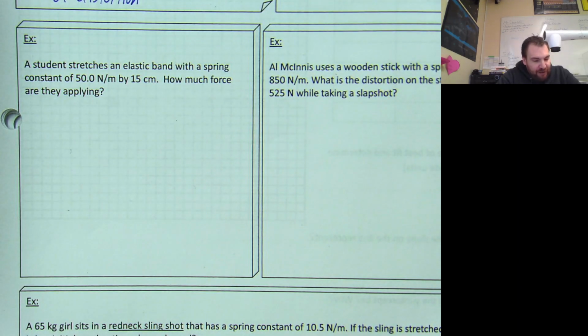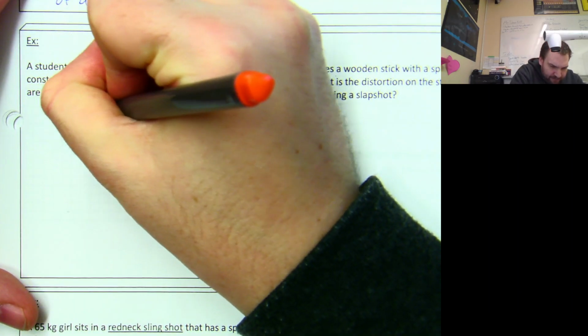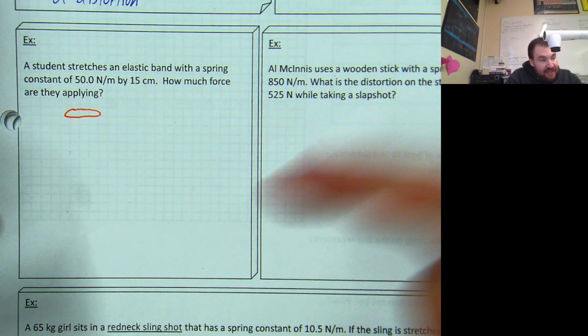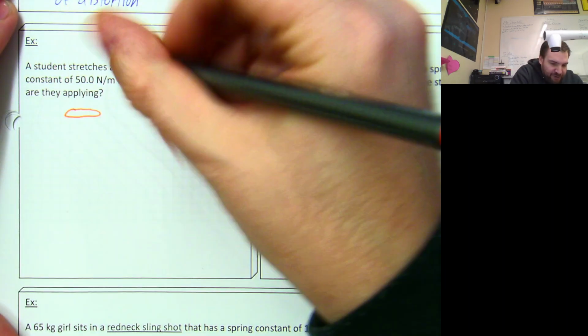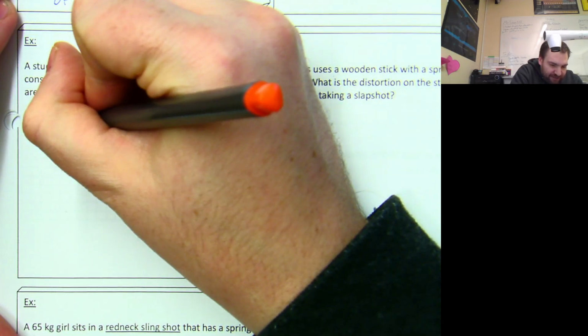How much force are they applying? So, we're going to draw this thing out, just so you can understand what the wording in the question actually means. What's happening here is we have an elastic band. There's our generic elastic band. And a student is taking this elastic band, and this is at rest. Now they're stretching it.